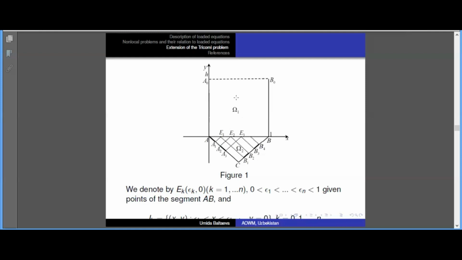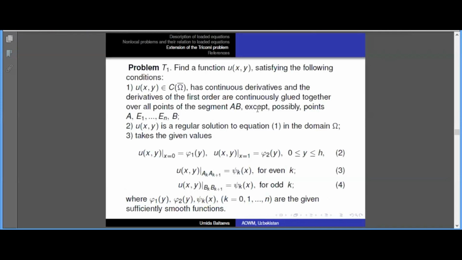From this part u(x,0), each point from this part and from this part must satisfy continuous gluing conditions here, except possibly this point, and u(x,y) is the regular solution of equation 1 in the domain omega and takes the given boundary conditions.